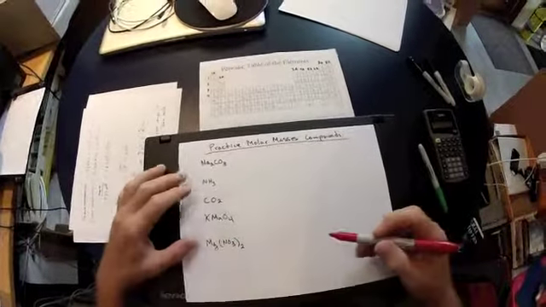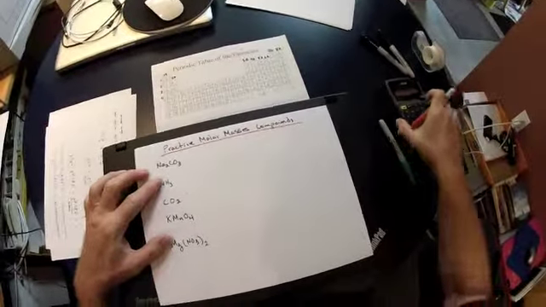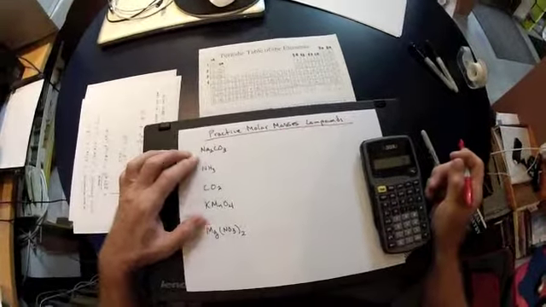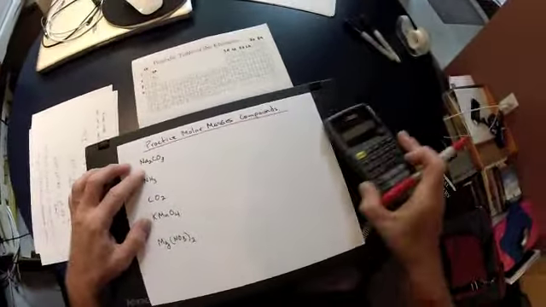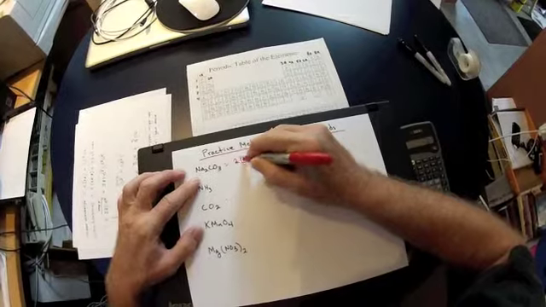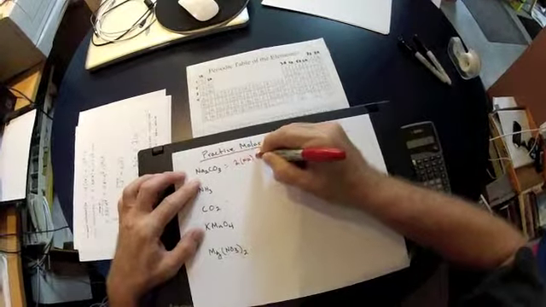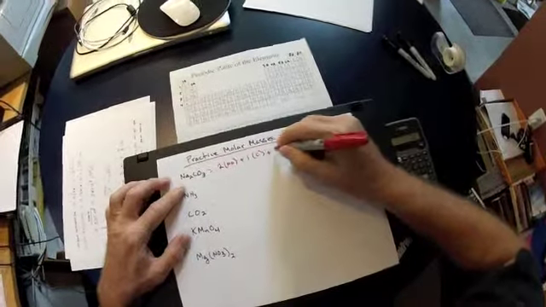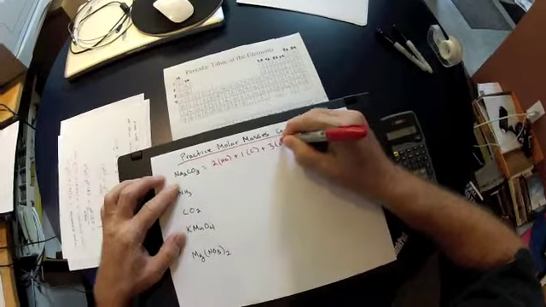Now, in this last bit, what we're going to do is practice calculating some molar masses. So we're going to need a calculator, and we'll just go through this now. For the first example, there are 2 sodiums, there's 1 carbon, and there are 3 oxygens.